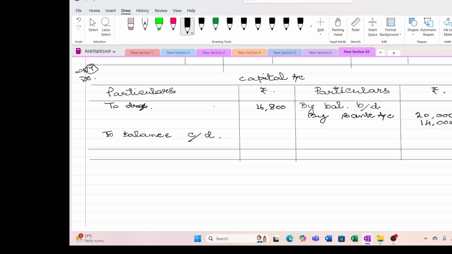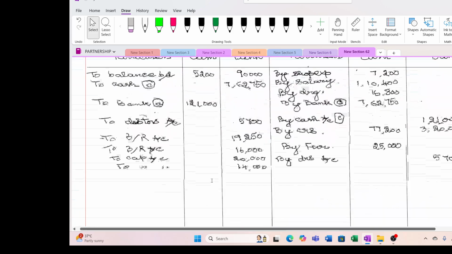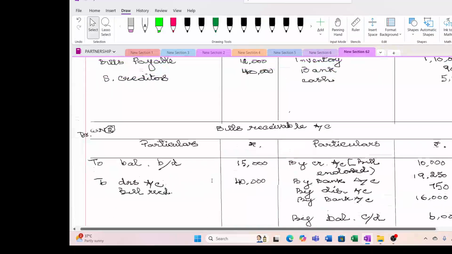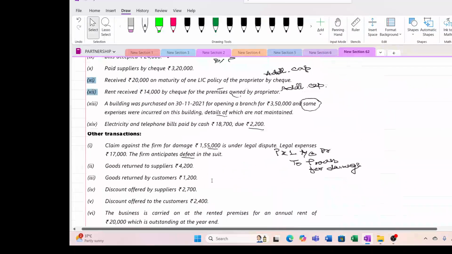So both the entries are over for this also. You have to be careful in doing the double aspect. That's it.